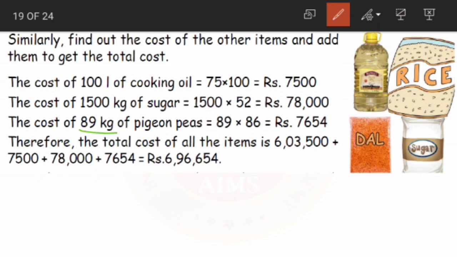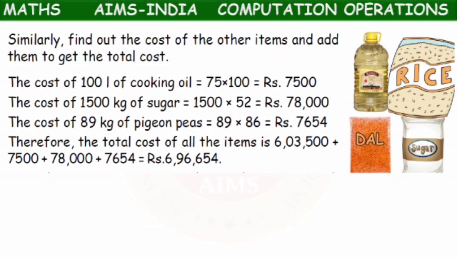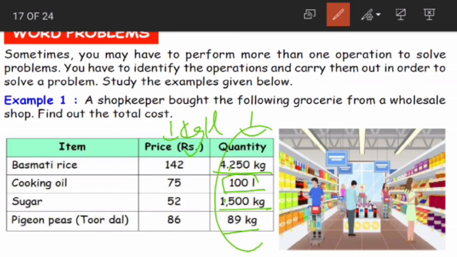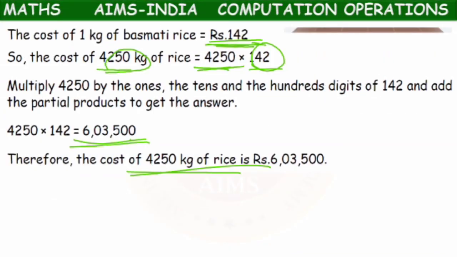And lastly we have 89 kgs of green peas. Yes, 89 into 86, the price of 1 kg of green peas. Now what did we get? We got the costs of these quantities. We found out the cost of 4,250 kilos, 100 liters, 1500 kgs and 89 kgs.